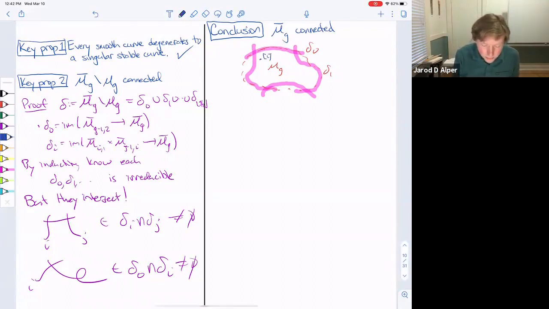If you have any two curves, C and C prime, you apply the first proposition to degenerate C to the boundary, and then degenerate C prime to the boundary. But now you know that all of the components intersect, so you can degenerate further to here, and you get that M_g bar is connected.